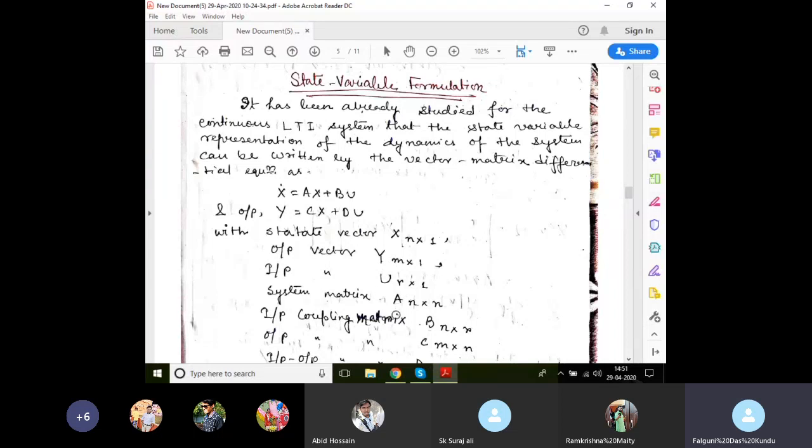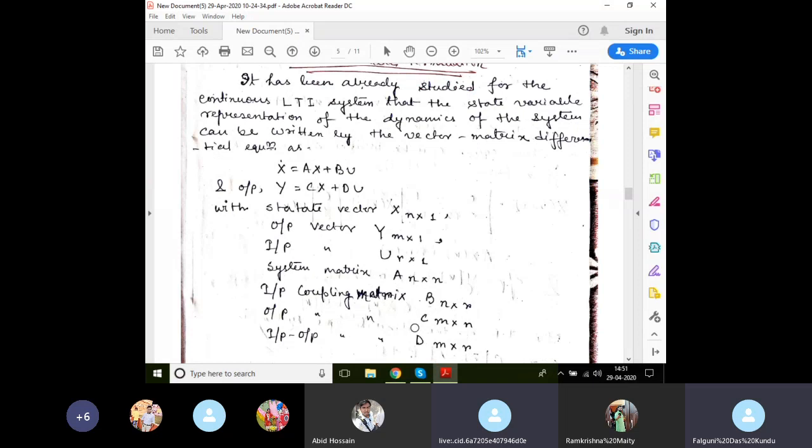A is a system matrix which is n cross n. B is an input coupling matrix which is n cross r, C is an output coupling matrix which is of order m cross n, and D is an input output coupling matrix and it is of order m cross r.